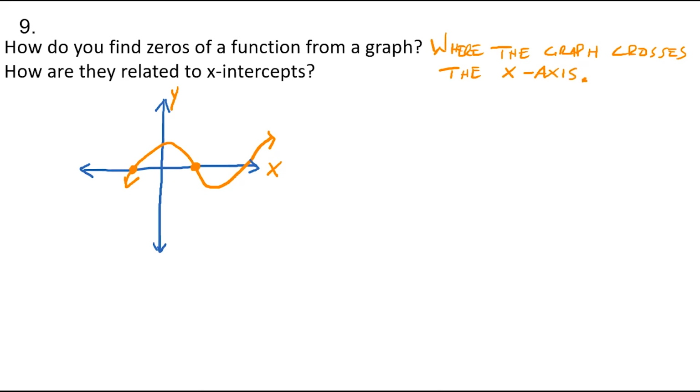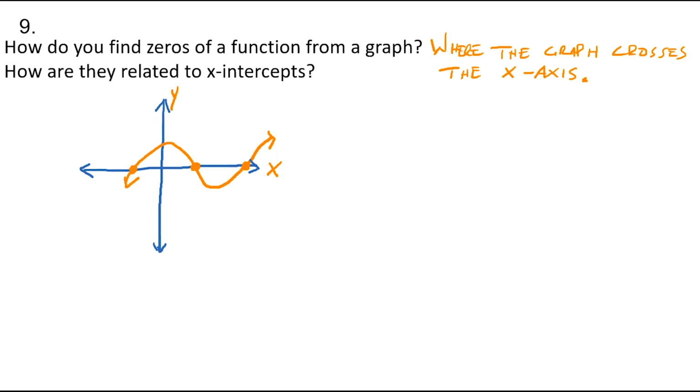All right. So in this particular graph, there are actually three points where this graph crosses the x-axis. So there would be three zeros of this particular function.